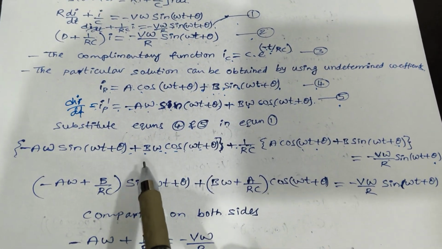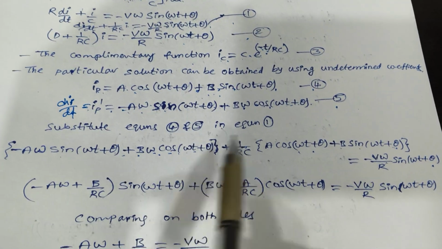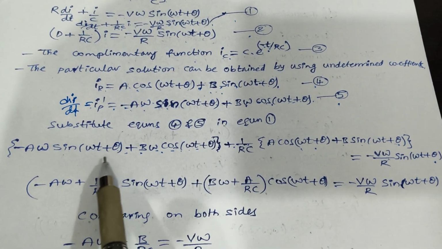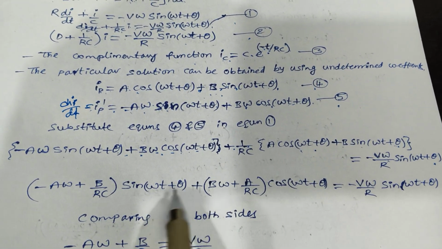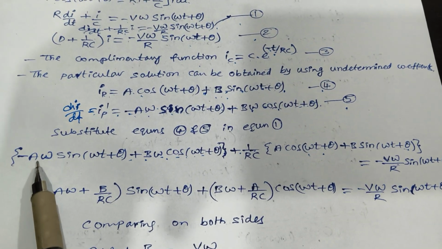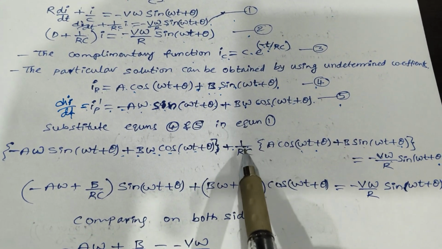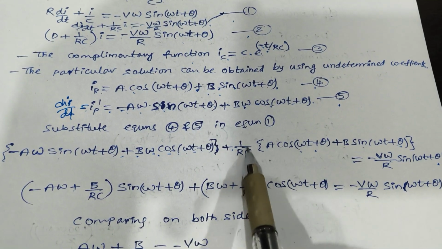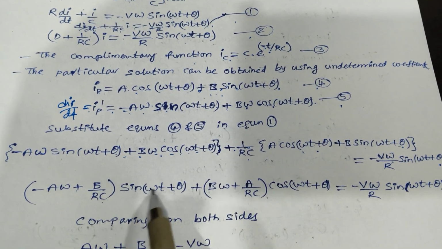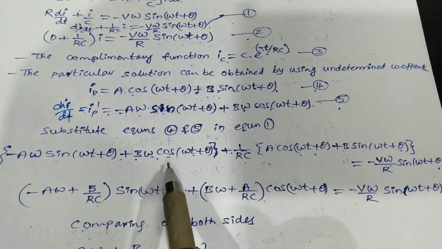Here, the sine and cosine terms are there, so I will take the coefficients of the sine and cosine terms common. The coefficient of the sine terms is minus a omega plus b by RC, of sin(omega t plus theta).